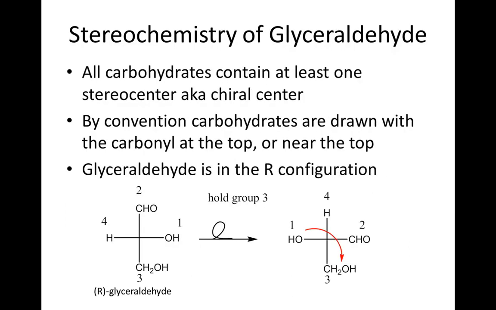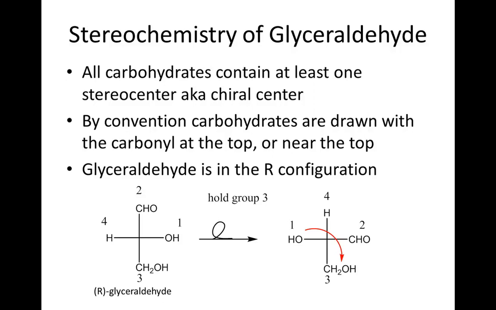So we'll start with the simplest sugar molecule, which is glyceraldehyde. Every carbohydrate contains at least one stereocenter, or chiral center, and glyceraldehyde only has one. In the conventional way of drawing these, the biochemists like to put the carbonyl group at the top, and the chain goes vertically from there.